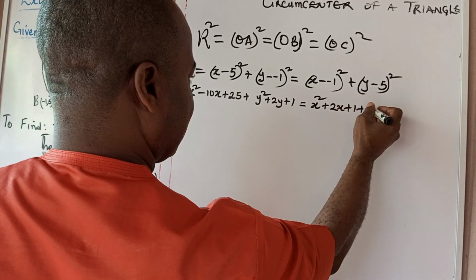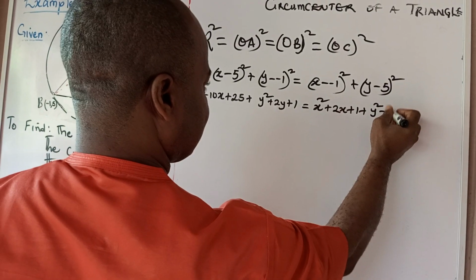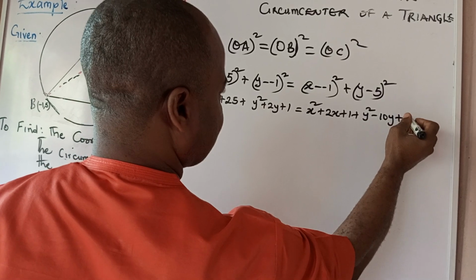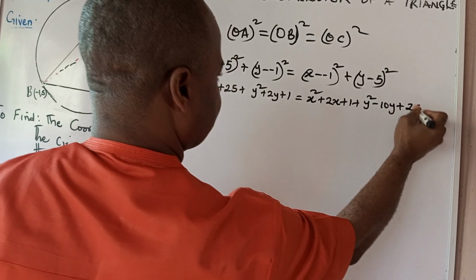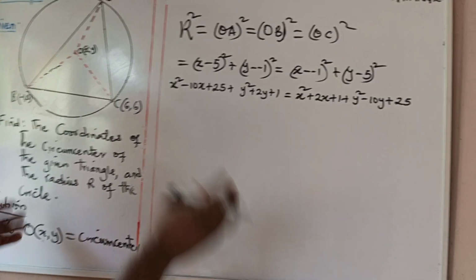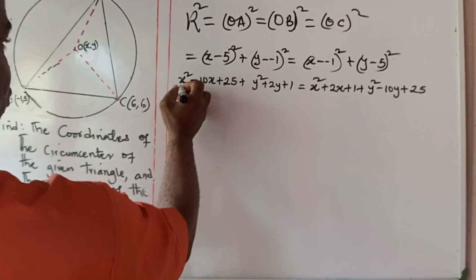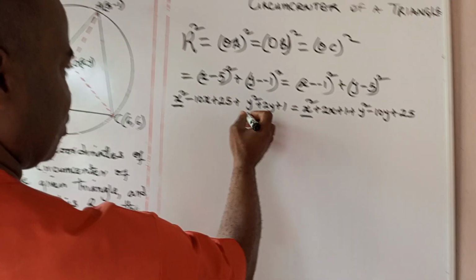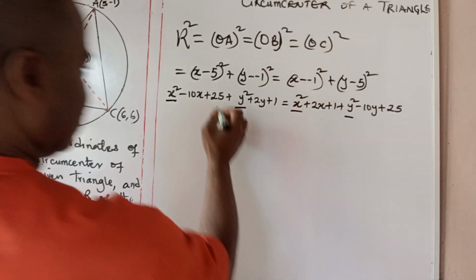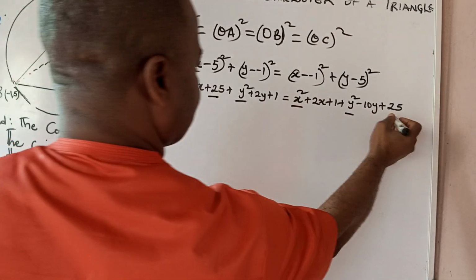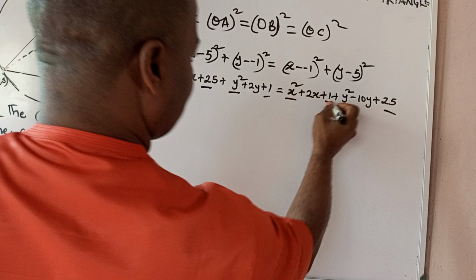Then this will have y squared minus 10y plus 25. If you collect terms using the additive inverses, we will lose x squared and x squared, y squared and y squared, 25 and 25, 1 and 1.